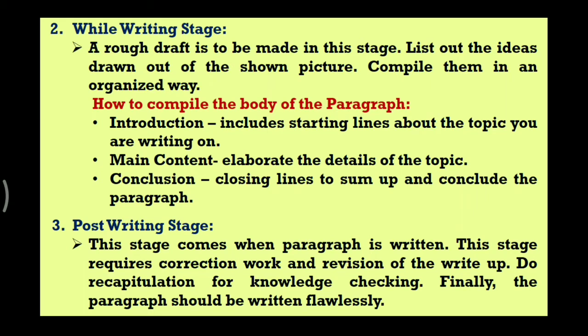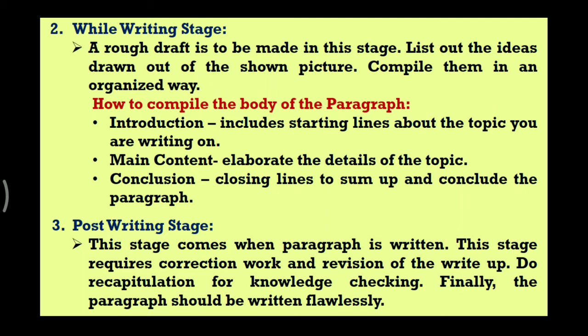And next is main content. Here you have to elaborate the details of the topic. And next is conclusion. Closing lines to sum up and conclude the paragraph. Next is the post-writing stage. This stage comes when the paragraph is written. This stage requires correction work and revision by the writer.